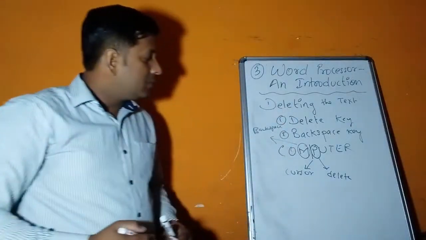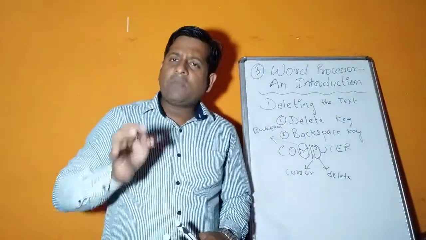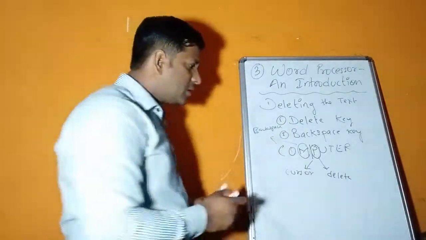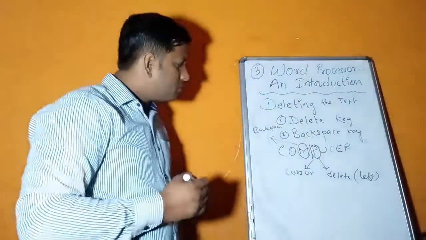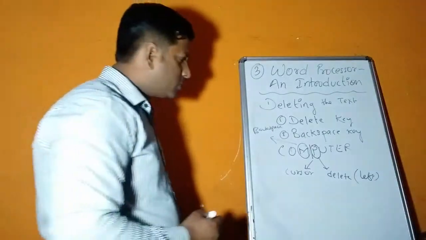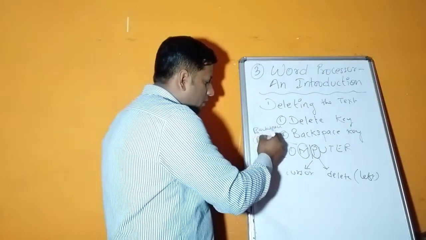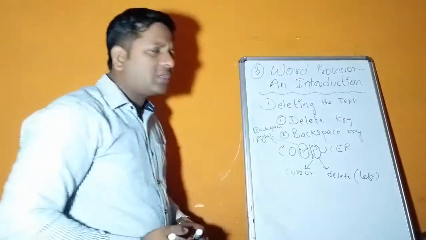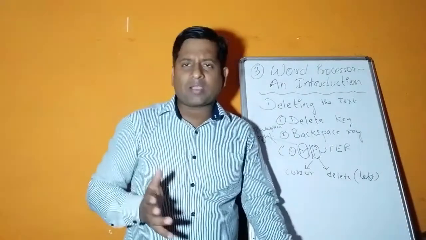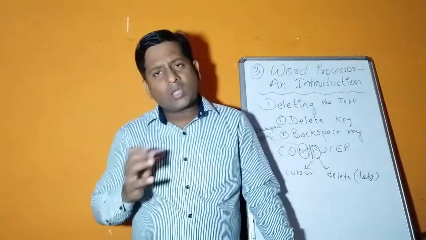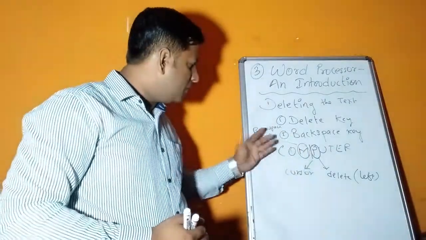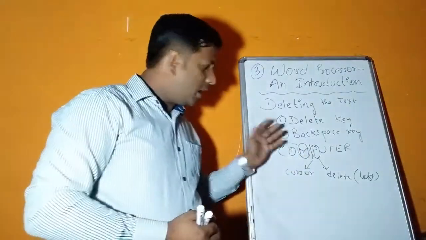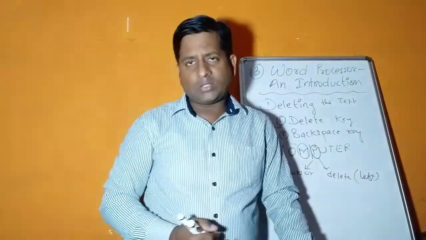That means the delete key deletes the character present at the left of the cursor, whereas the backspace key deletes the character present at the right of the cursor. This is the basic difference between the delete key and the backspace key.